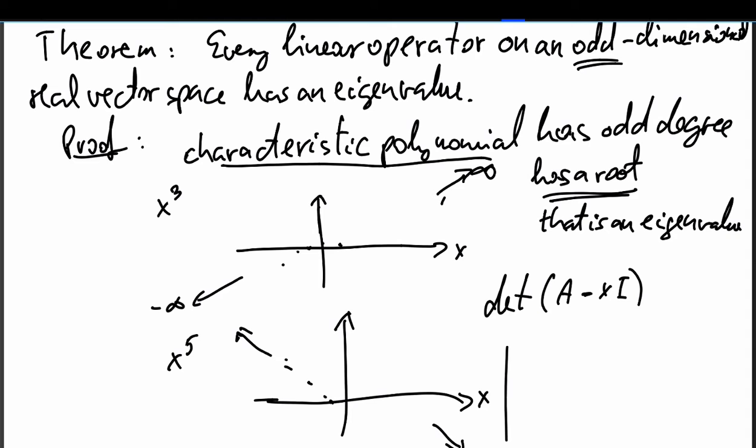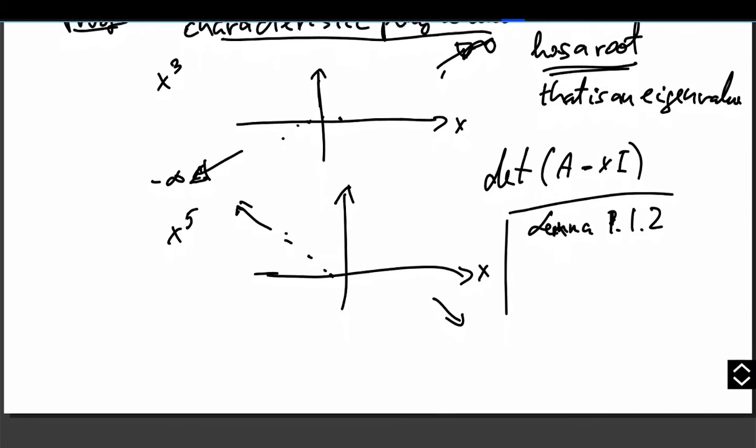There is a more rigorous proof for this at the very beginning of the class. If you want to see it, Lemma 1.1.2 proves it in a more analytical way than what I did here, waving my hand, using what we know from college algebra about the properties of polynomials with odd degree. But the point is that we now have a quite complete picture of linear operators on real vector spaces.